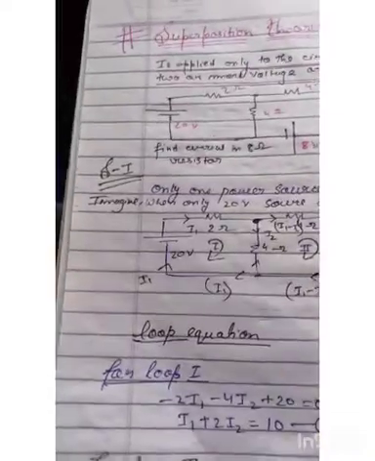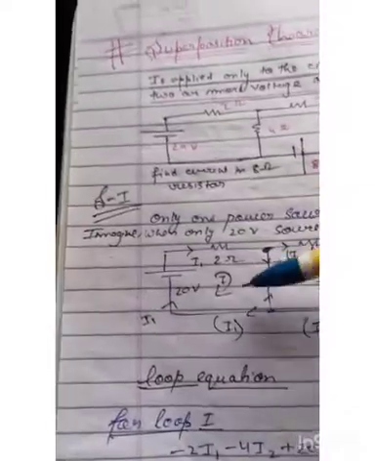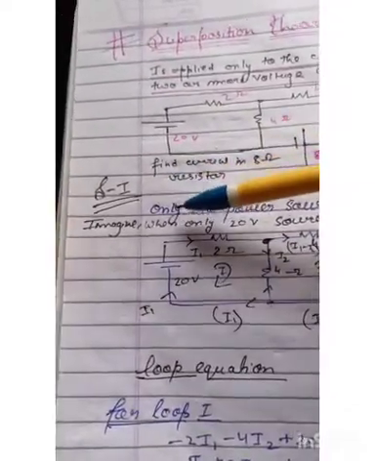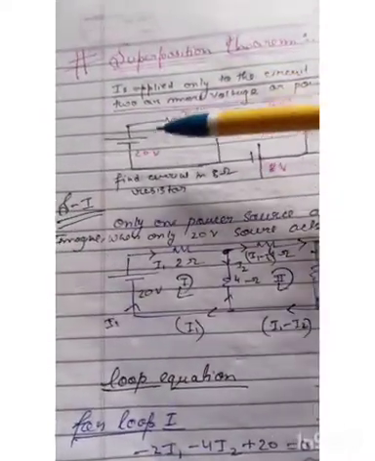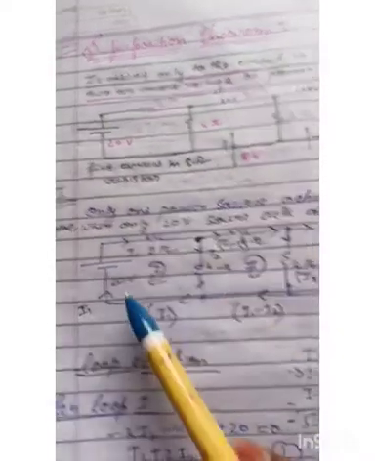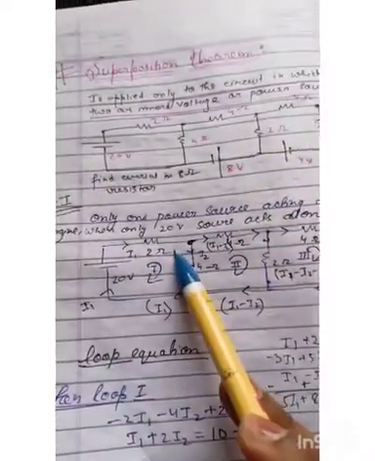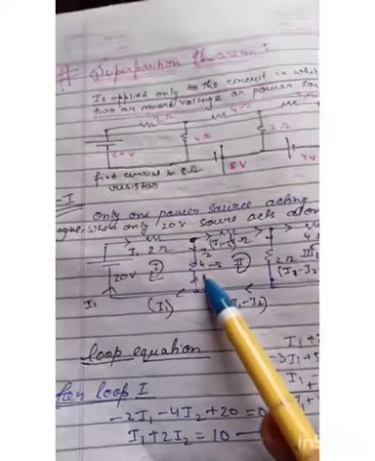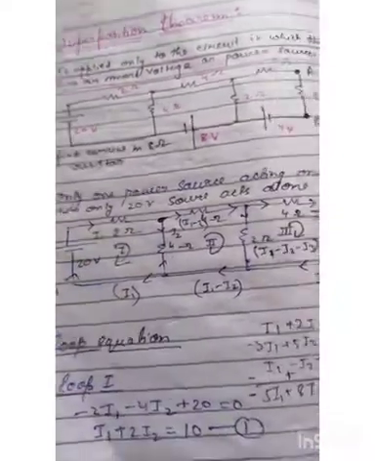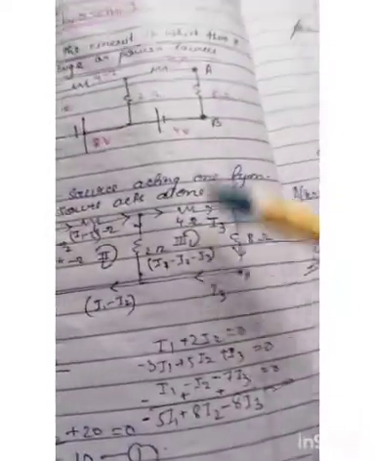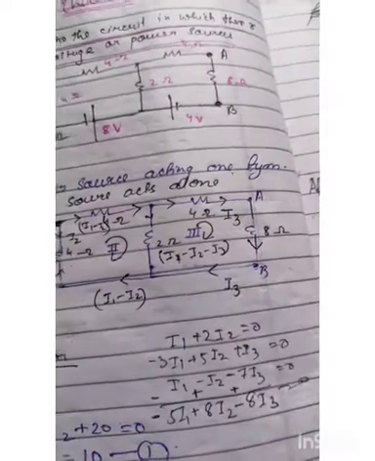Now let me make a circuit in which we imagine that only the 20 volt source acts alone. 20 volt, 2 ohm, 4 ohm, 4 ohm. There is 8 volt; we will avoid it because we imagine that only 20 volt is acting. Now the same circuit, here we remove the 4 volt.